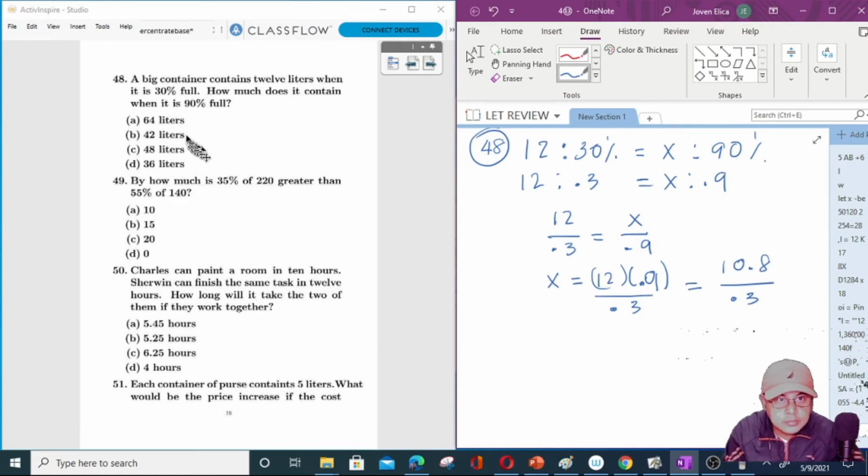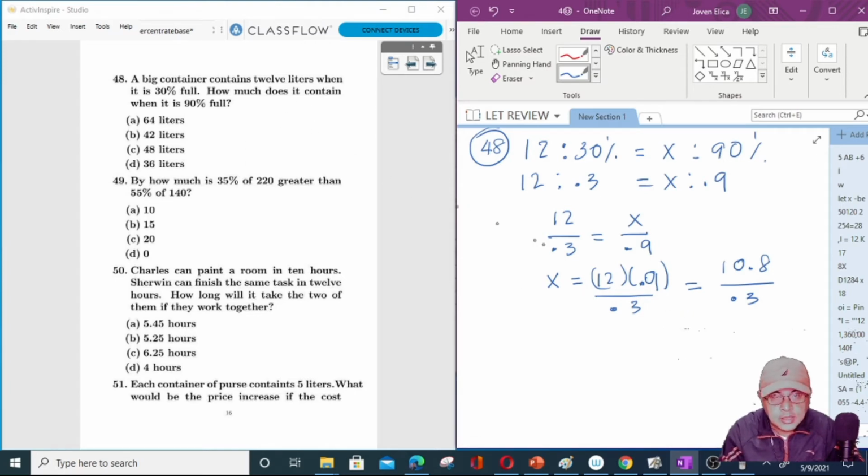Very clear. The only way we can solve this is by ratio. 12 is to 30% full, and blank, how much does it contain? That means it represents a certain value for a variable X. So we use variable X is to 90% full.